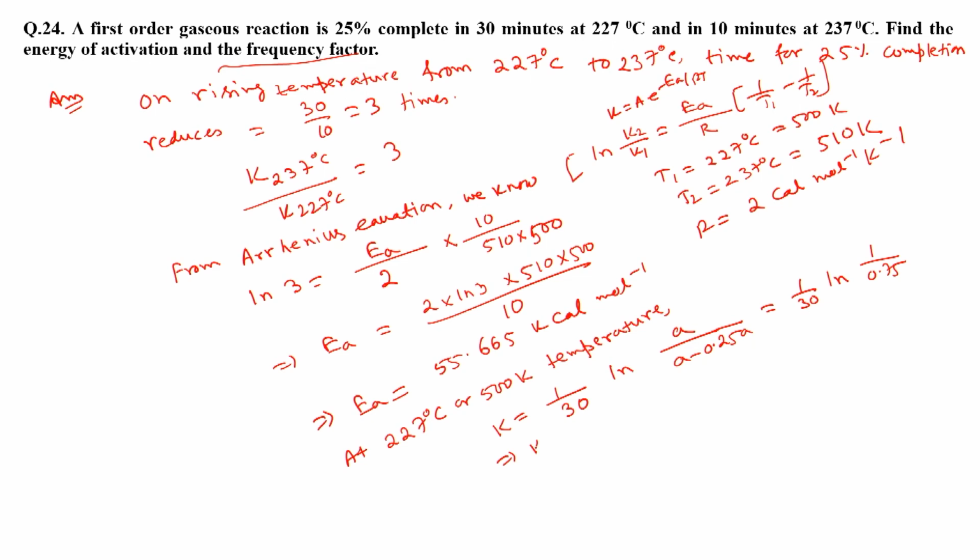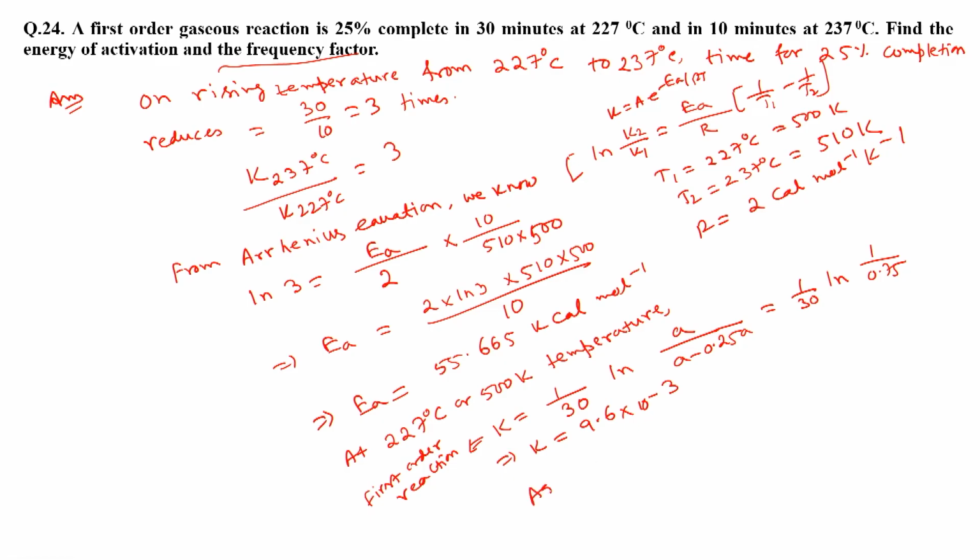So, if we do it, we get the value of K is 9.6 times 10 to the minus 3. This is for a first order reaction. So, the value of K we have got, EA we have got, and now we have to calculate A. This is very simple.